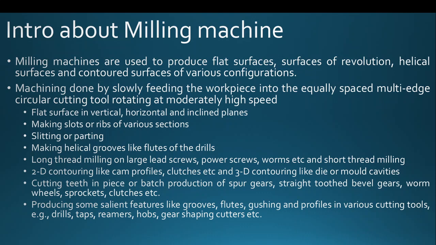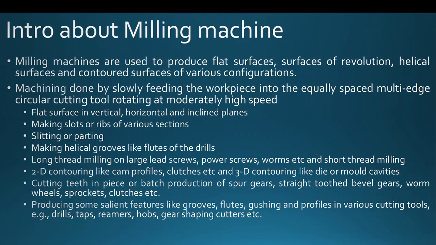In the previous few cases we only discussed the single point cutting tool, but here we are going to discuss the multi-point cutting tool. Milling is generally performed with the help of a multi-point cutting tool, and the milling machine can produce, as I told, flat surfaces in vertical, horizontal and inclined planes, and we can provide slots and ribs of various sections, and parting or slitting, that is dividing a single metallic plate or component into two pieces.